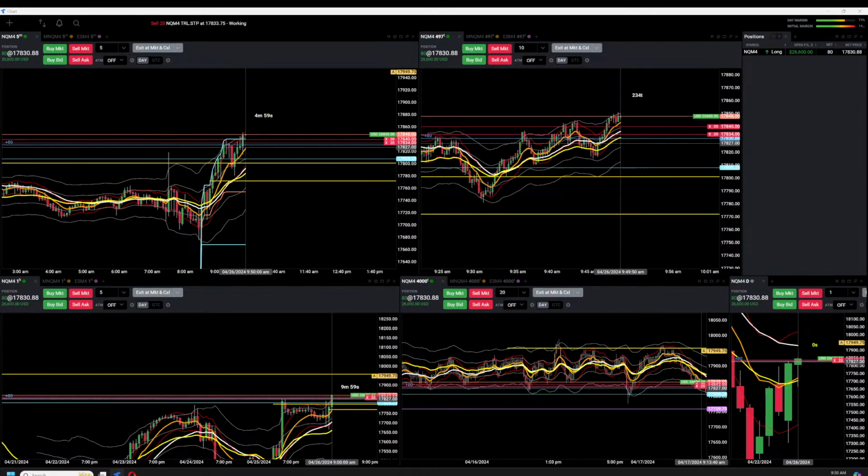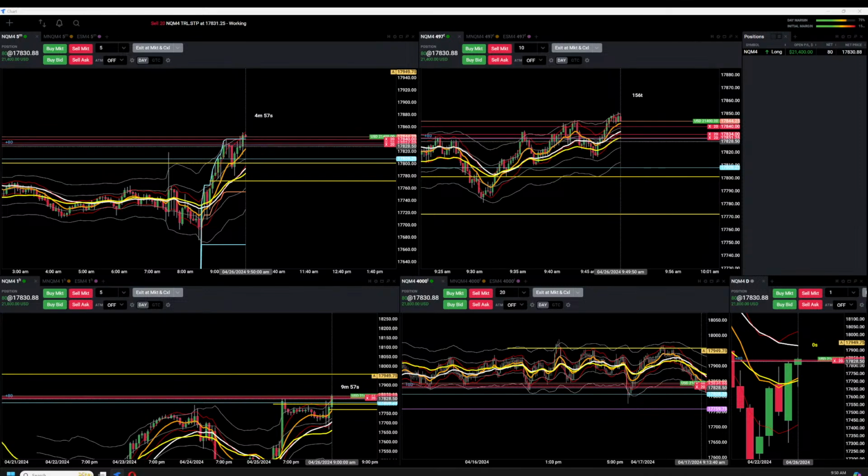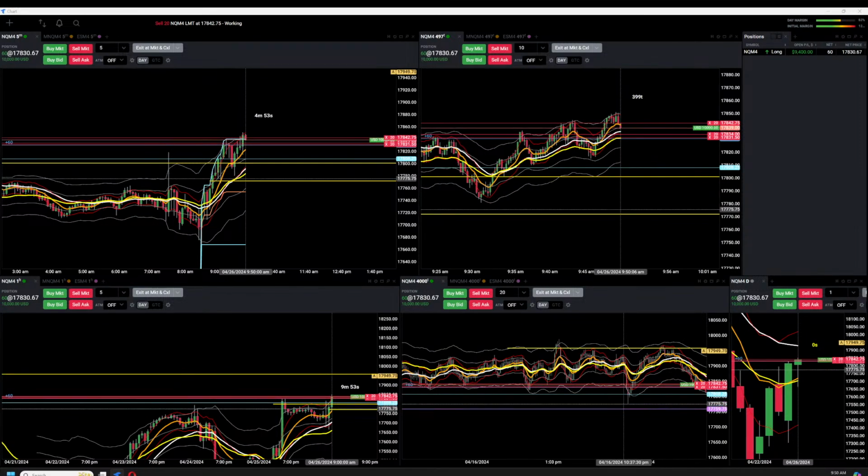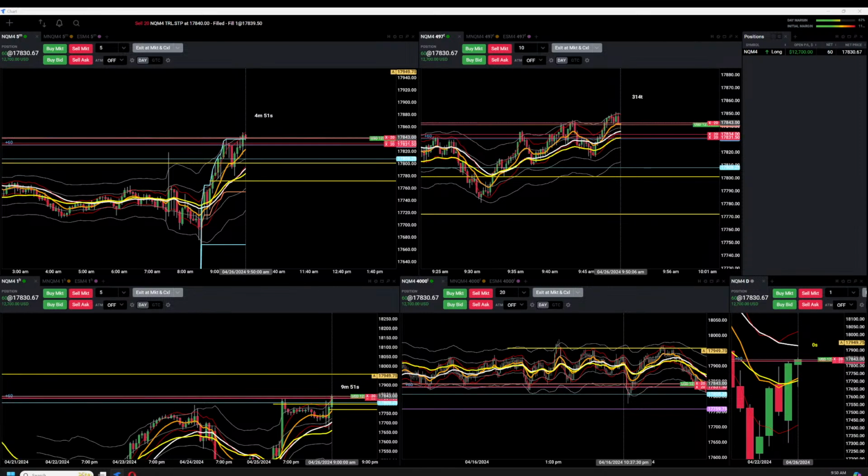Rearranging my stops because Trading of 8 doesn't allow you to move your trailing stops. You have to reset them all. Taking some profit. I took 20 off my 80.